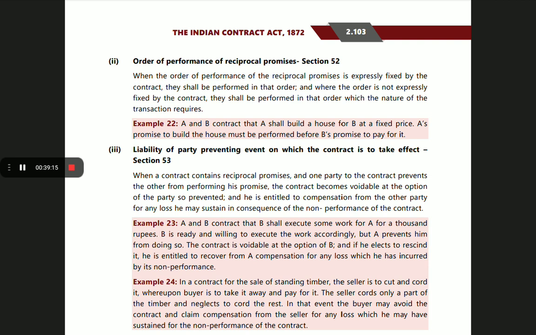The contract is voidable at the option of B, and if he elects to rescind it, he is entitled to recover from A compensation for any loss which he has incurred by its non-performance.